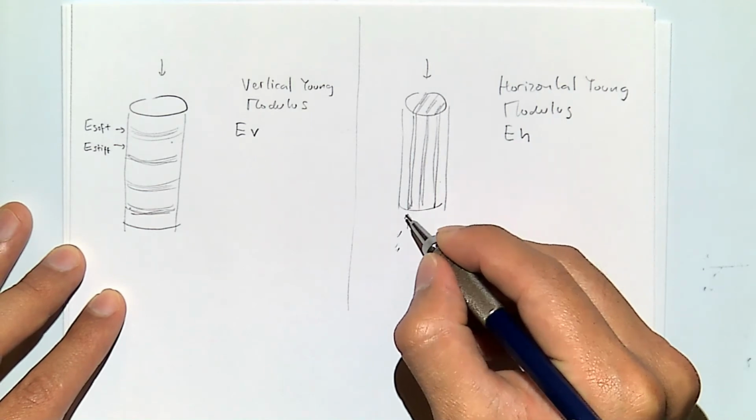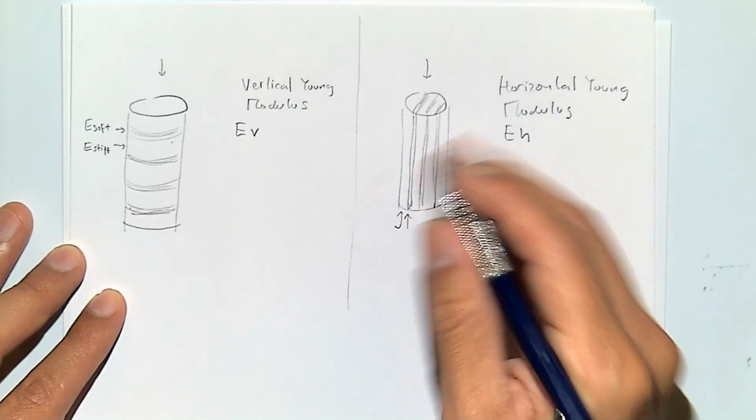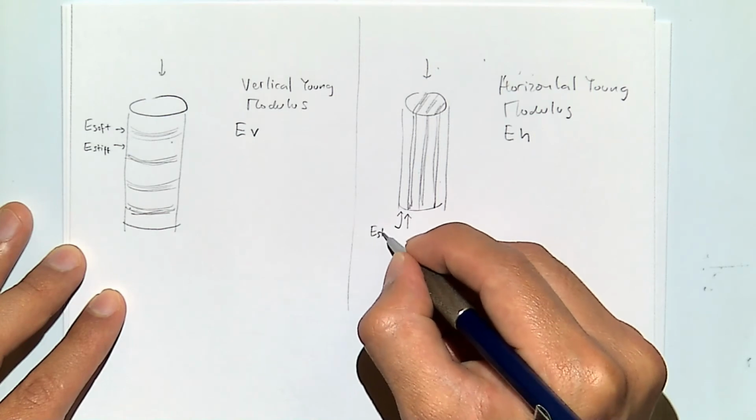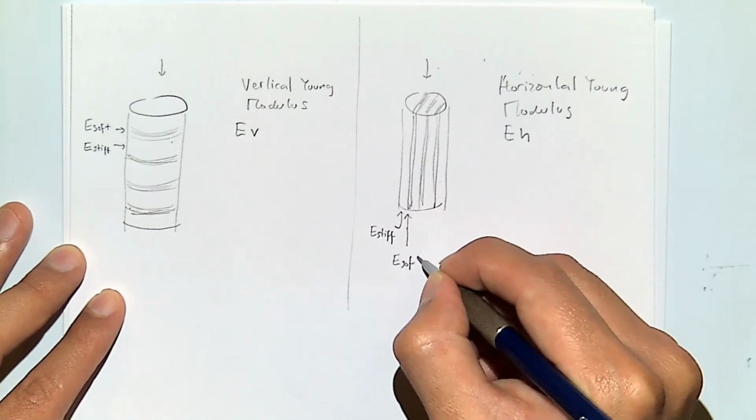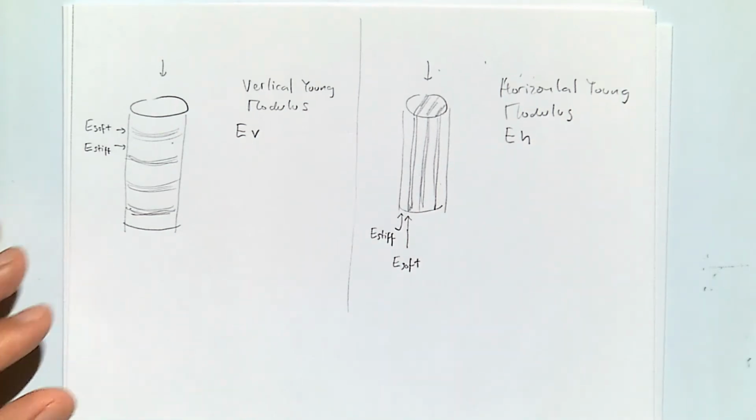All right, before doing any math, just trying to understand what's going on here. Which one is going to be larger? Horizontal. Why? I only think about the marshmallow and metal example. If you think about it this way, because it is soft, it's going to compress a lot more.